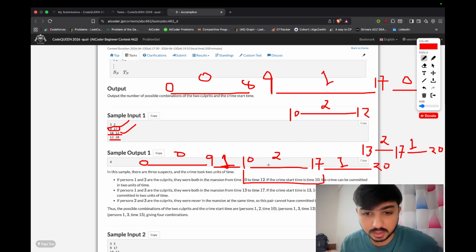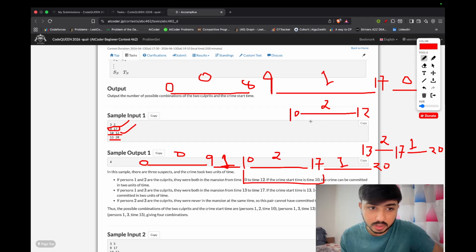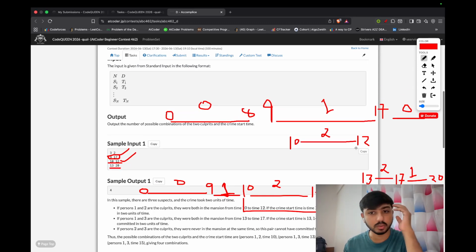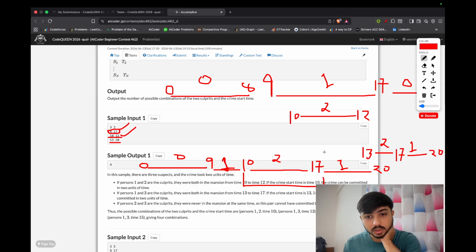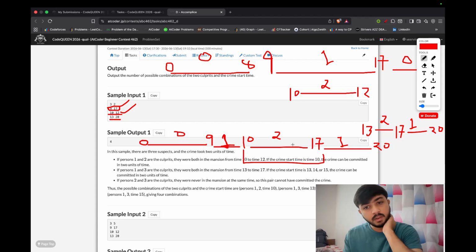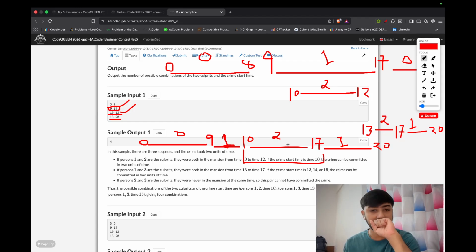Uniqueness is also there. From 10 to 12 there are two different ones, using 1 and 2, and then 13 to 20. Let's not make it overcomplicated. It's something we have to do with the intervals, right?